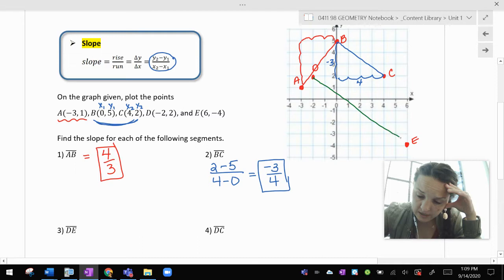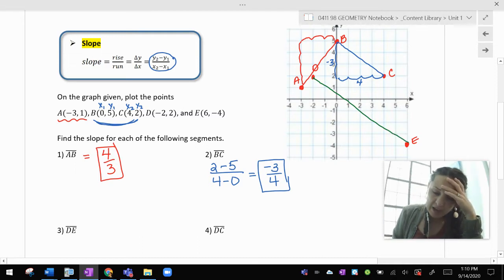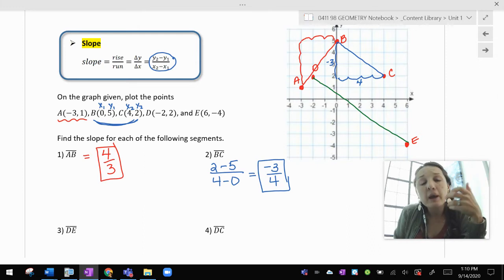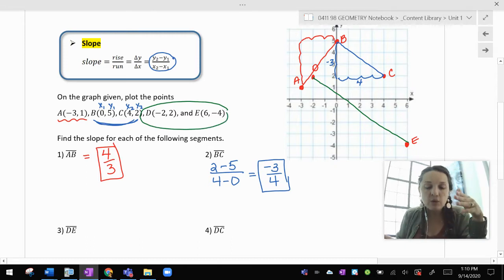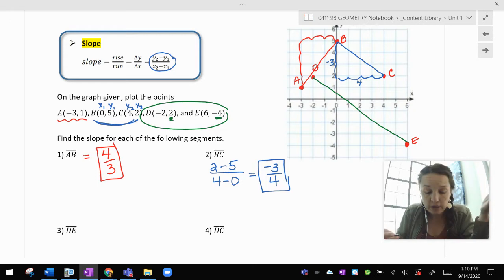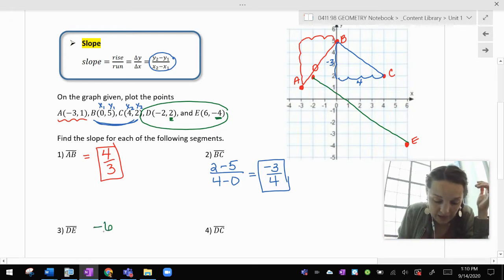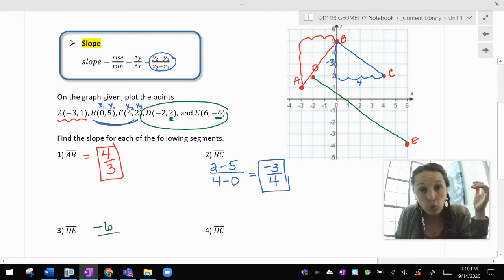And then DE and DC, I'm going to do these rather quickly here. So DE is this one. I could count it, but I could also use my knowledge of numbers. One of the other things you can do is just say, how do I get from D to E? What happens to Y? Y goes from 2 down to negative 4. So how much did it change? 2 to negative 4 is it went down 6 in the Y coordinate.